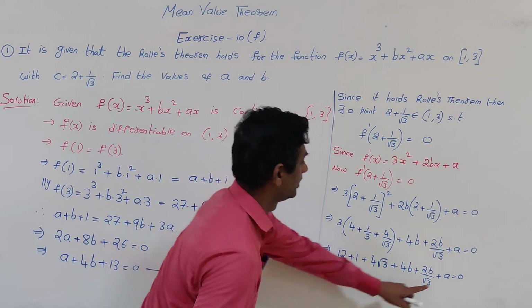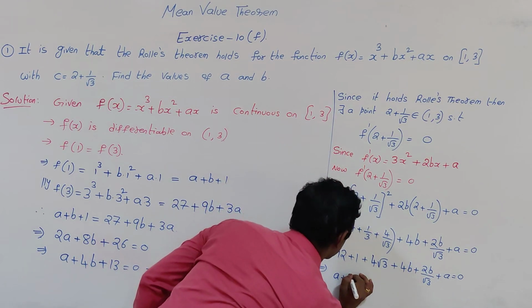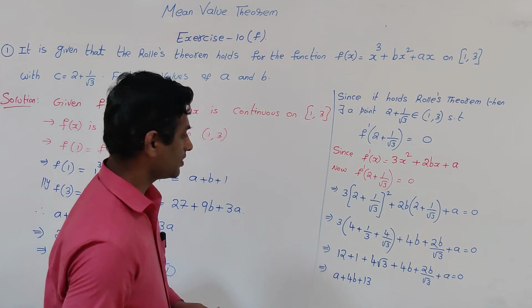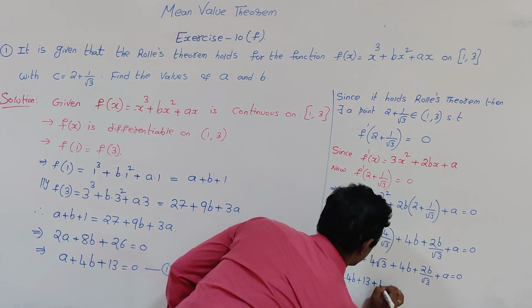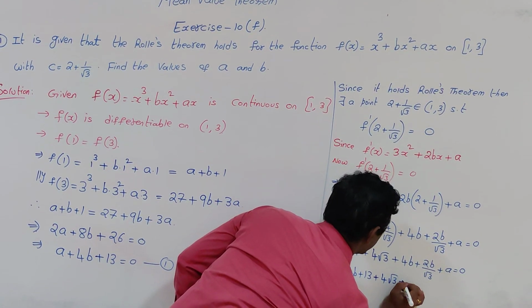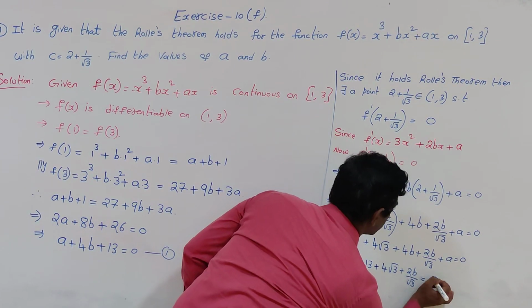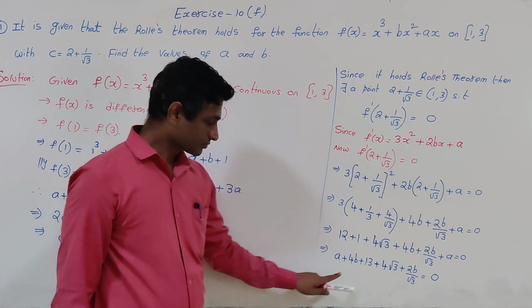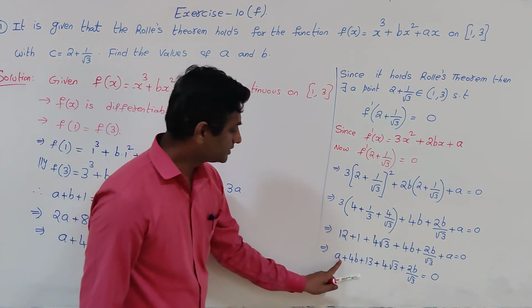Now a plus 4b plus 13 plus 4 root 3 plus 2b by root 3 is equal to 0. But by equation 1, the value of a plus 4b plus 13 is 0.